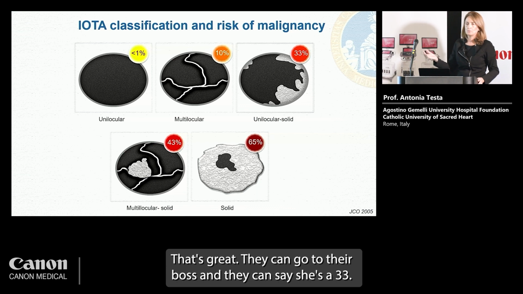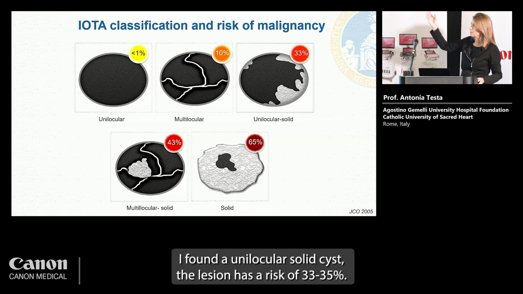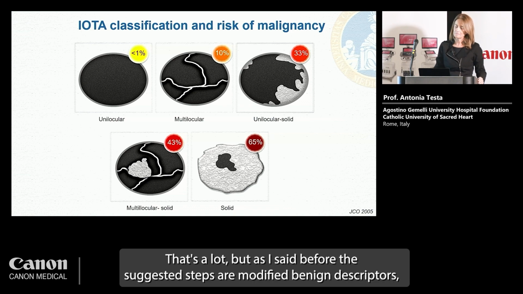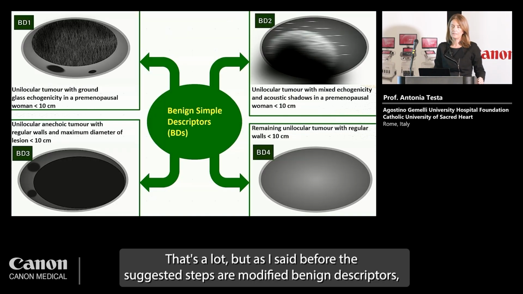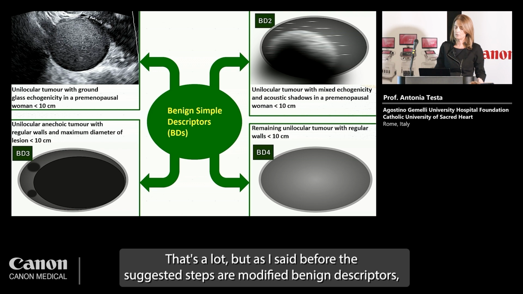They can go to their boss and say, she's 33, I found a unilocular solid cyst, the lesion has a risk of 35%. That's a lot.